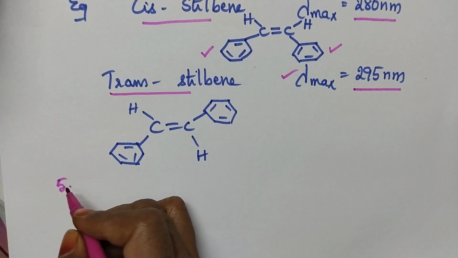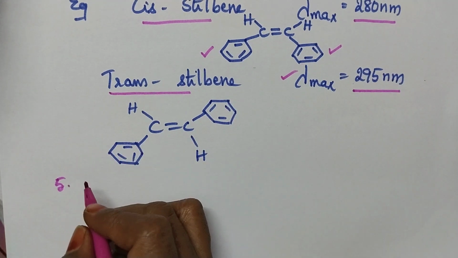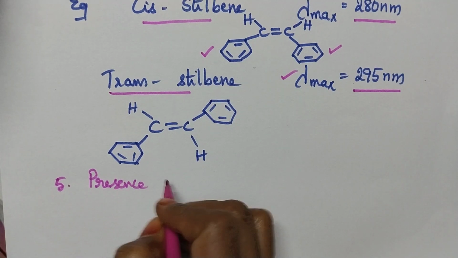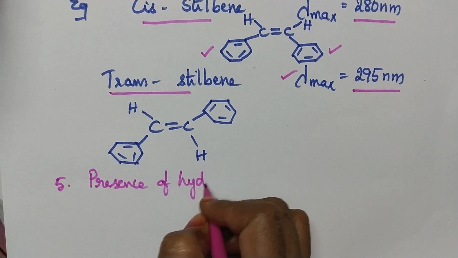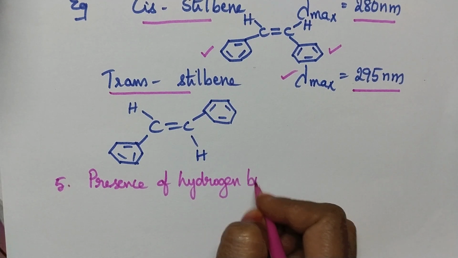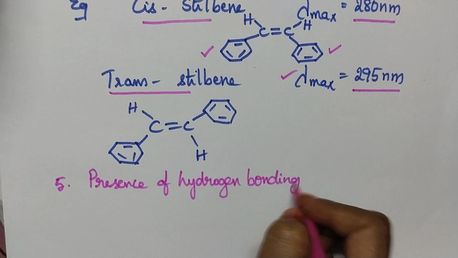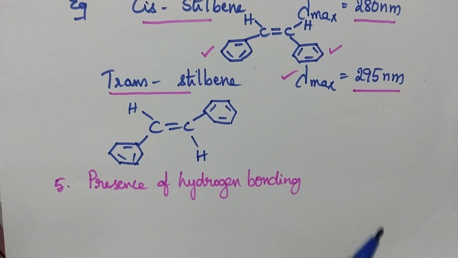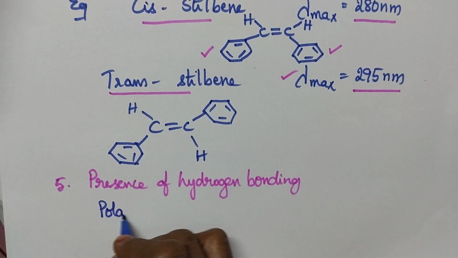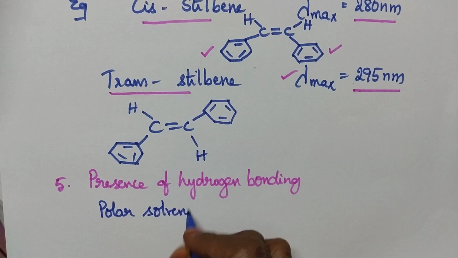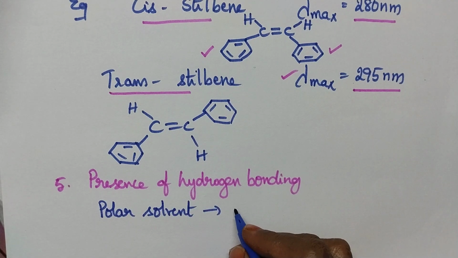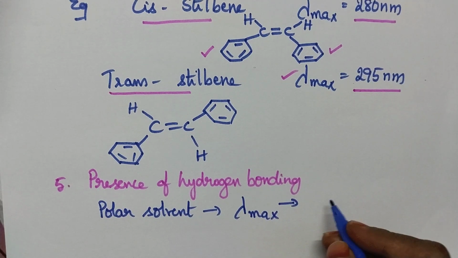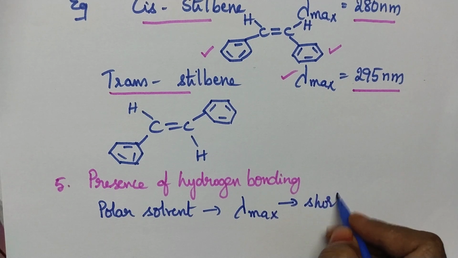It is also possible to identify the presence of hydrogen bonding in the given solvents. If a polar solvent is present, then it is responsible for solvation, and hence the lambda max will be shifted towards the shorter wavelength region.